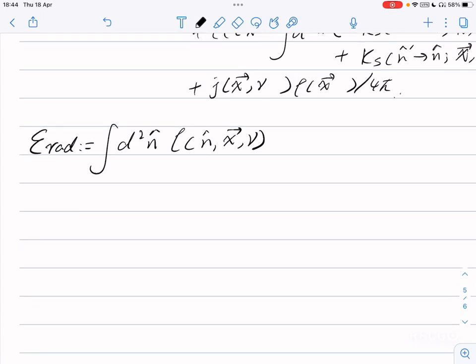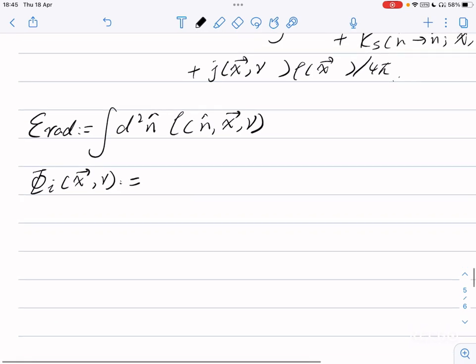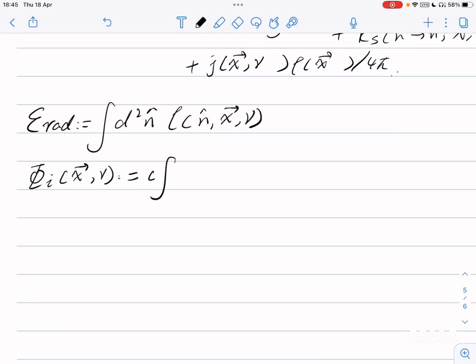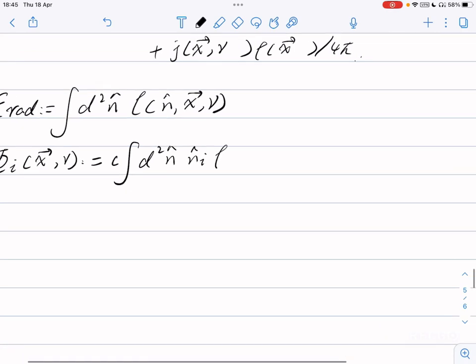Second is the flux vector of the radiative energy per frequency nu, whose component psi i is defined as c times the integral over direction n of n i L n x nu.